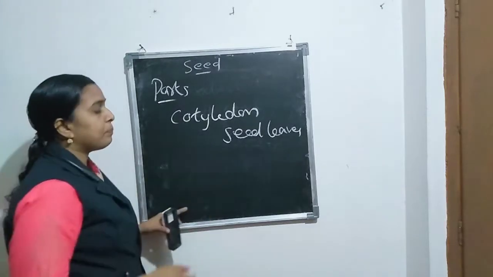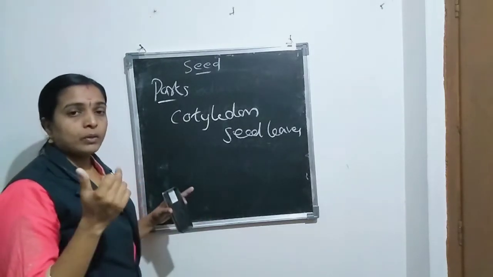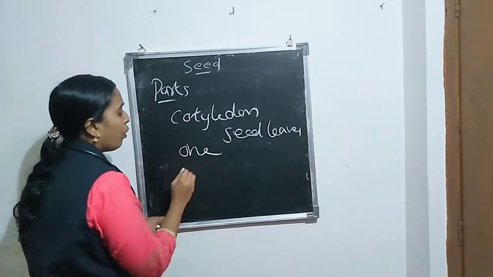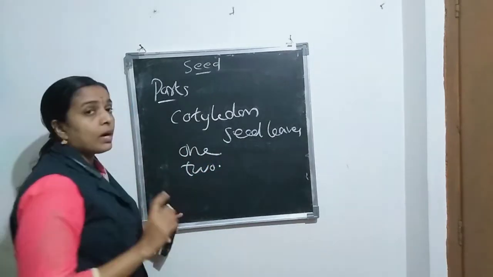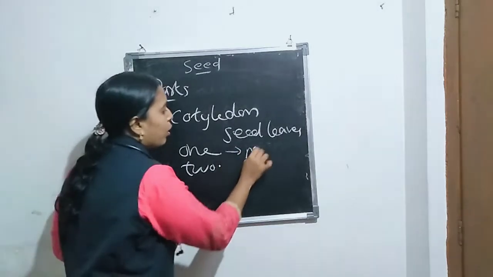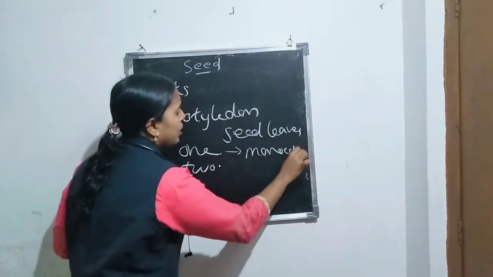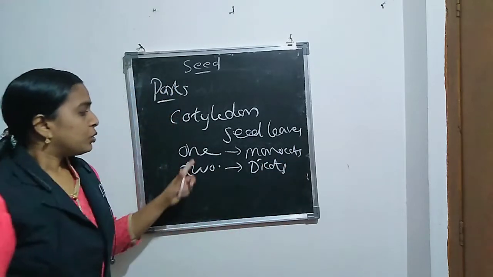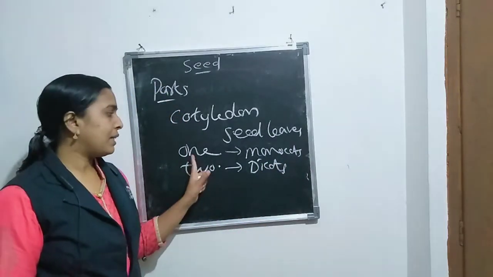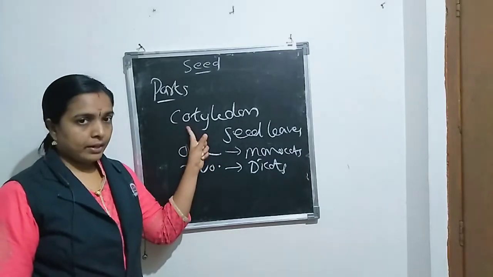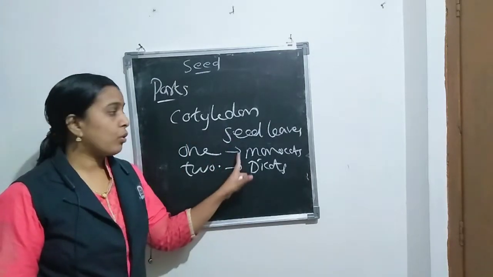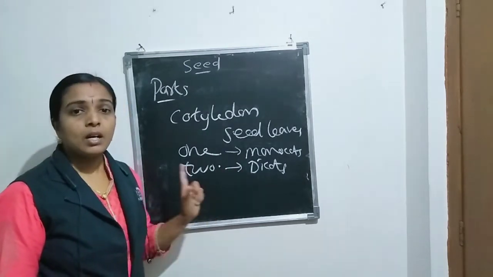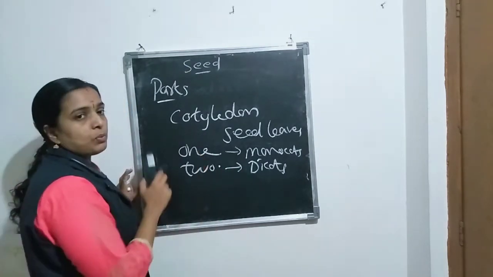In some seeds there are one or two cotyledons. One cotyledon is present in monocots and two cotyledons in dicots. There are two types of seed based on cotyledon, monocot and dicot. Monocot seed with one cotyledon and dicot seed with two cotyledons. That is what cotyledon is.